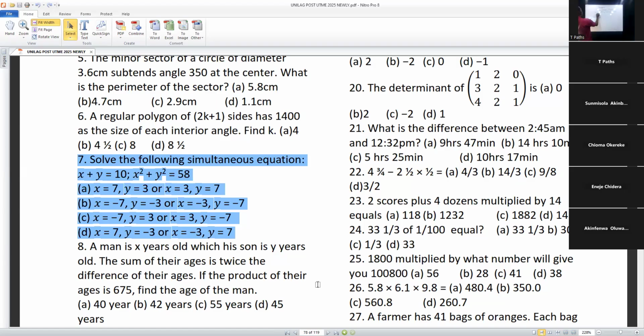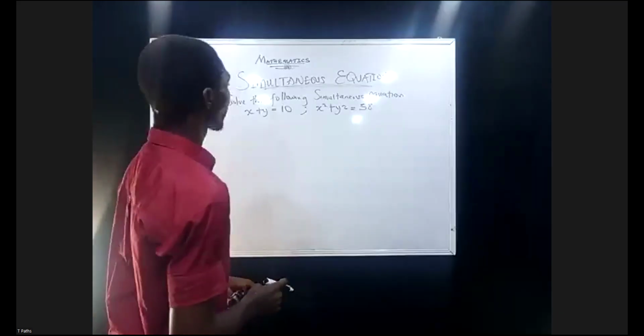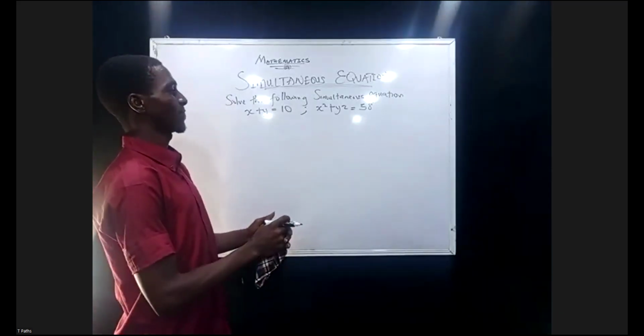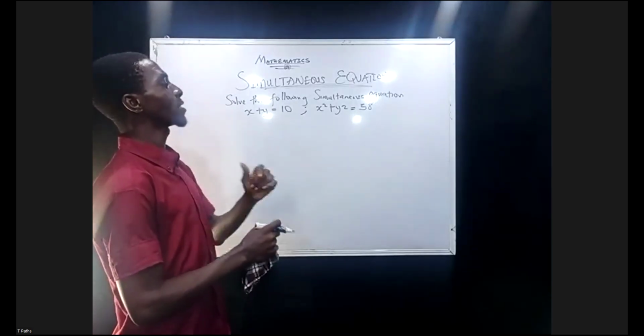Here we have x plus y equals 10. Then we have x squared plus y squared equals 58. Now, looking at what we have on the board here, we have two expressions that make an equation. And we want to solve them simultaneously.